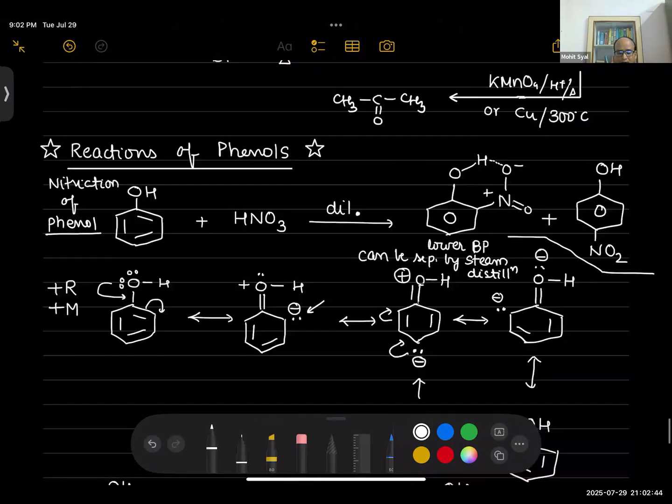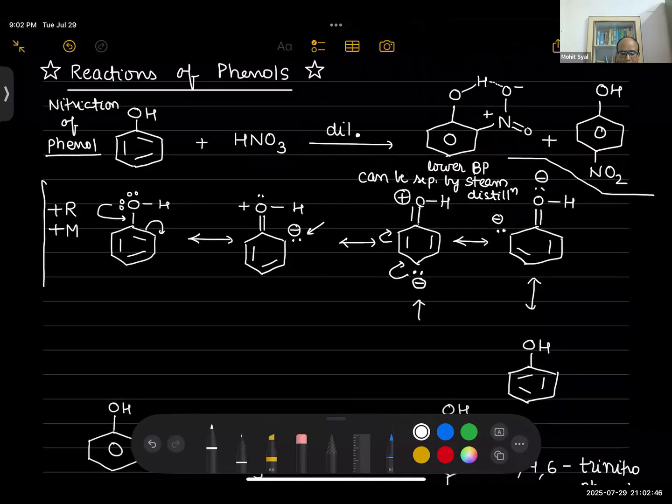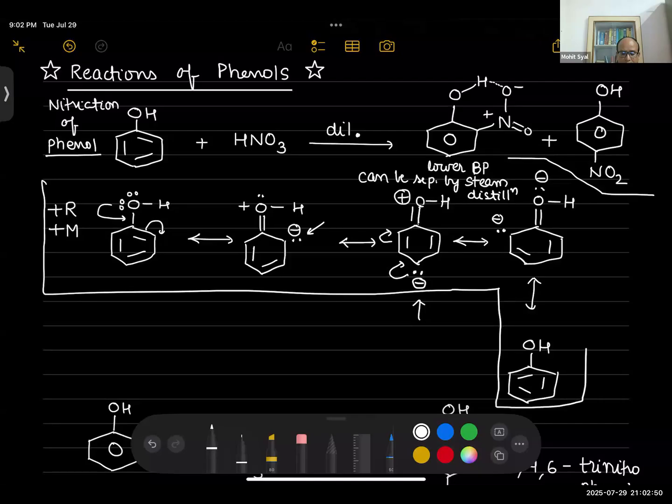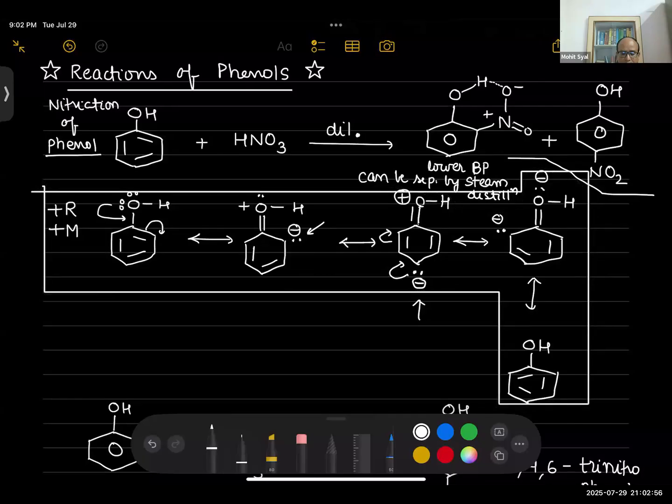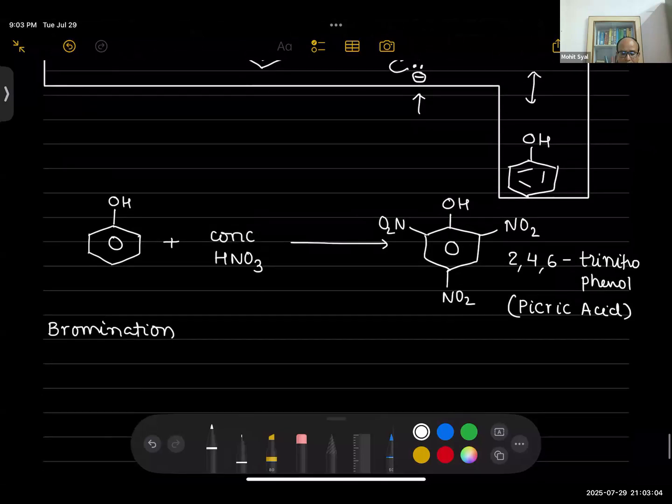The root cause for the reaction is the electron richness of the ortho and para positions. Got it. Ortho-para positions are very highly electron rich. So those are the places where the electrophile is going to connect.